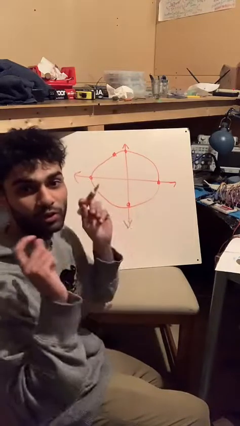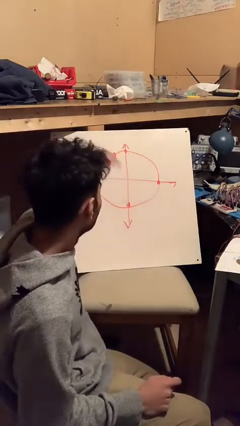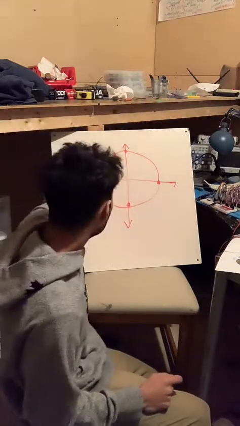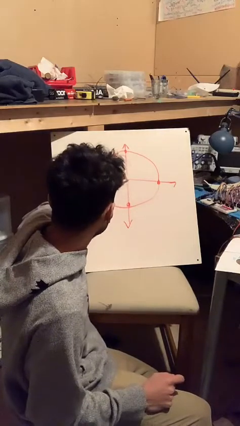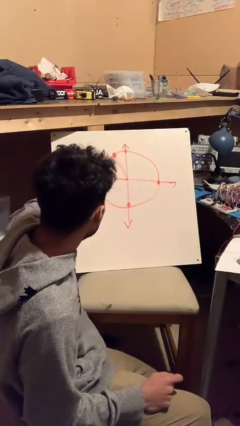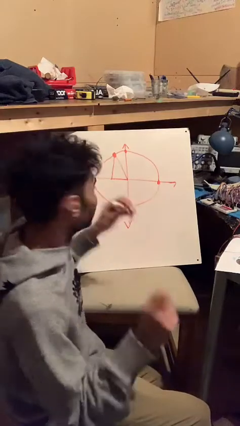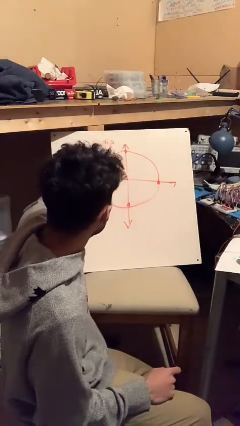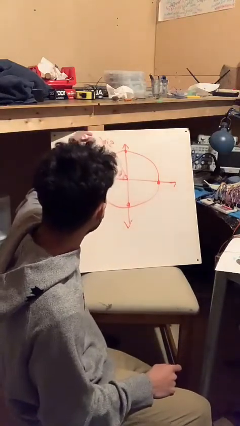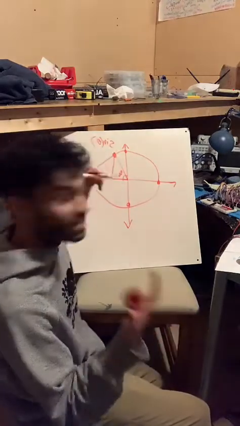let's say I wanted to know the coordinate of this point. You just draw up, so you have an x and a y. The sine of this angle, theta, gives you the x coordinate. Wait, I have to flip this around.